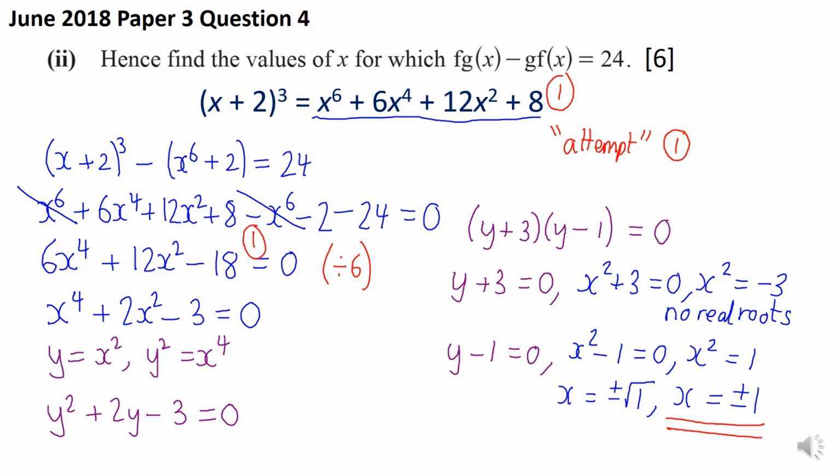That's 3 already. For a successful factorization over here, you get 1 mark. For the invalid root, you get 1 mark. And then for the final answer, plus or minus 1, you get 1 mark. That's 6 marks altogether. So this concludes the question.